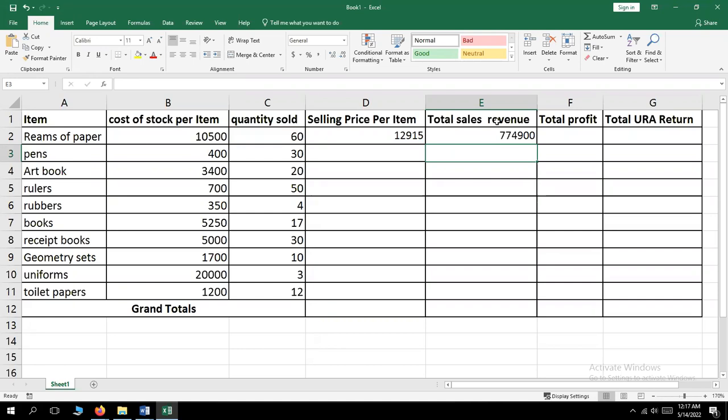Now that we have total selling price or total revenue for the entire category of items, how about how much profit in total did we make out of, let's say, rims alone? Remember, we are told that the profit is 23%.